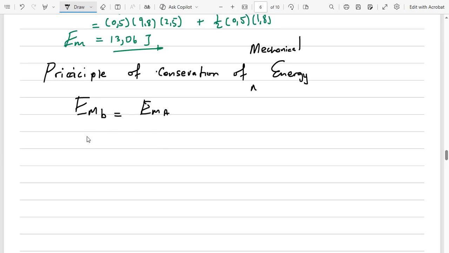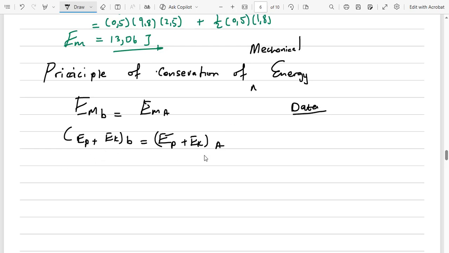We know that EM is just potential energy plus kinetic energy: EP plus EK before equals EP plus EK after. I'm just going to give you a quick data, then we'll show you how to use this formula.